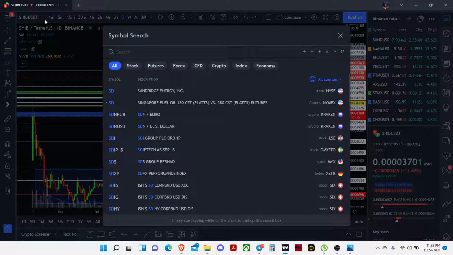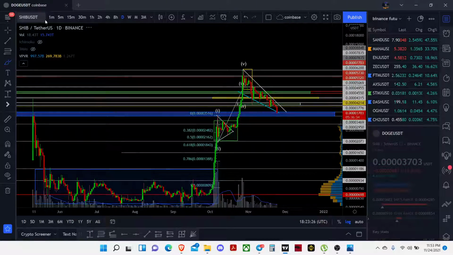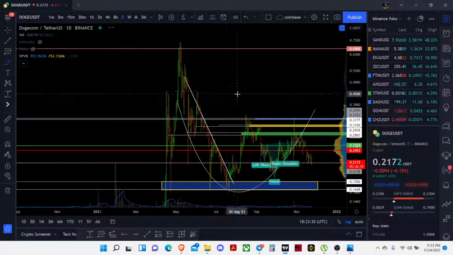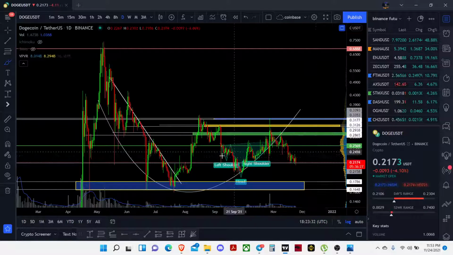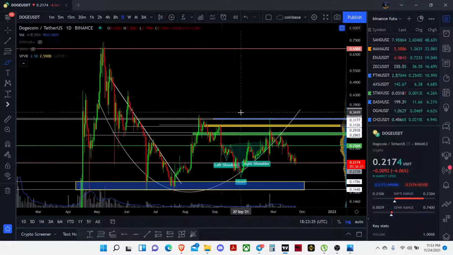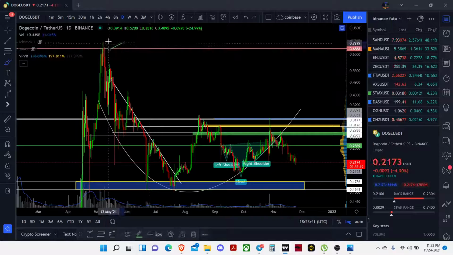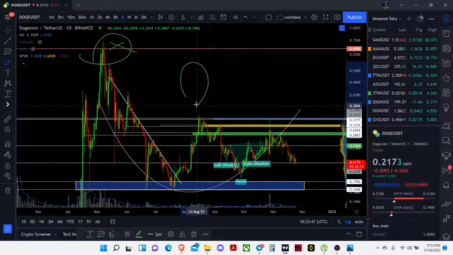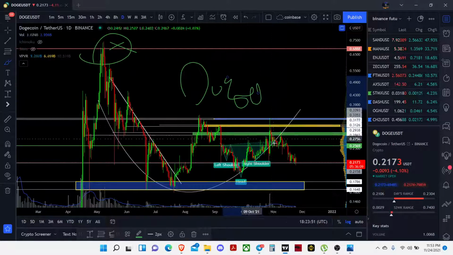So Dogecoin, where are you, man? Dogecoin is coming back down. Dogecoin is dead right now. If you're looking at these levels, there were some good old pumps which our dear Dogecoin gave us.